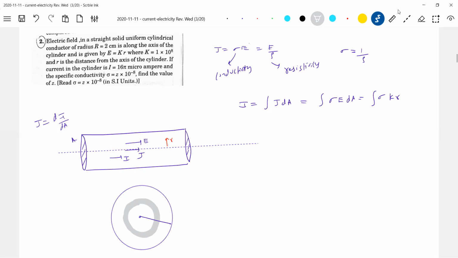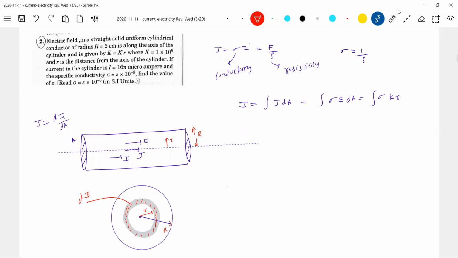Now you may question me why I wrote I as integral of J dA, at least by looking at the diagram. This is the capital R. Total current flowing is I. In this small elemental strip, dI current will flow.